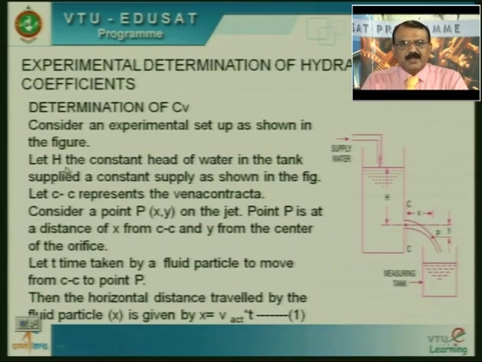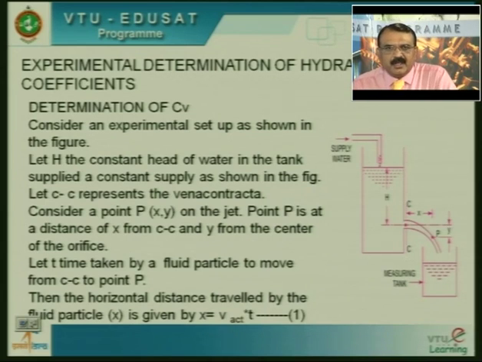Look at this. Let H be the constant head of water in the tank, supplied by a constant supply as shown in the figure. Let Cc represent the vena contracta. Consider a point P of x comma y on the jet. Point P is at a distance of x from Cc and y from the center of the orifice. The same thing I mentioned earlier.